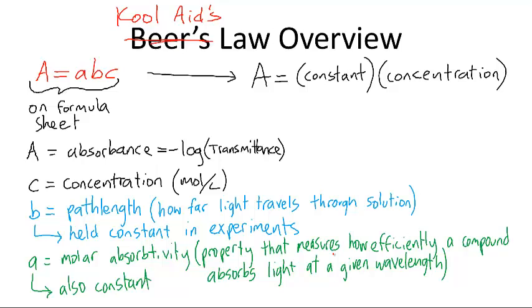So the question is, do the values of a and b have units attached to them? Yeah. So b would generally be in centimeters or something like that. And then a would be, well, we can figure out what the units are. If this absorbance is unitless, and concentration is moles per liter, so the constant has to be in liters per mole.